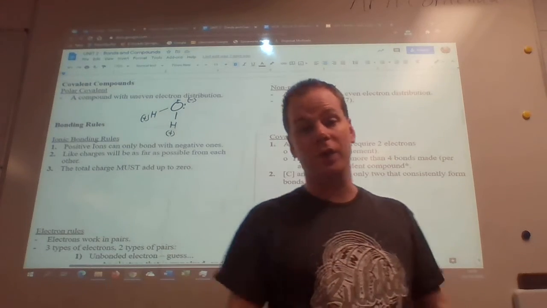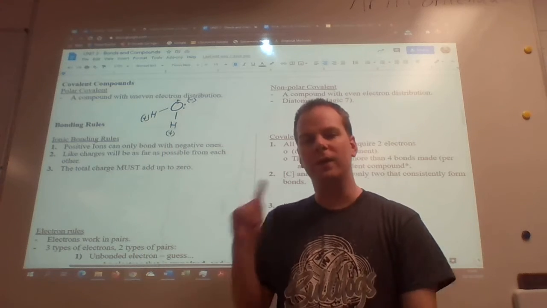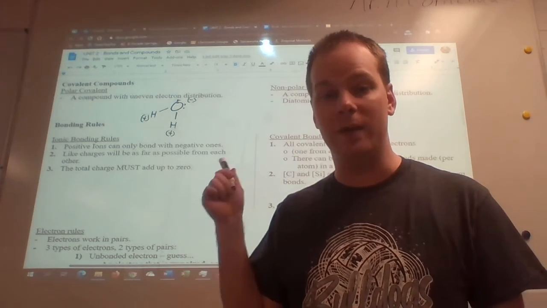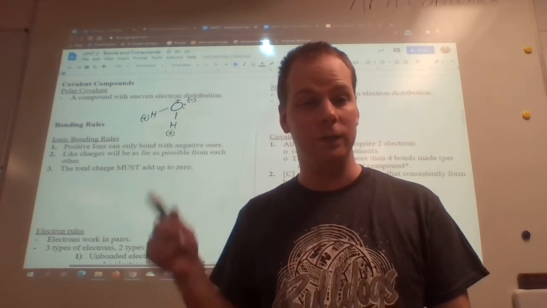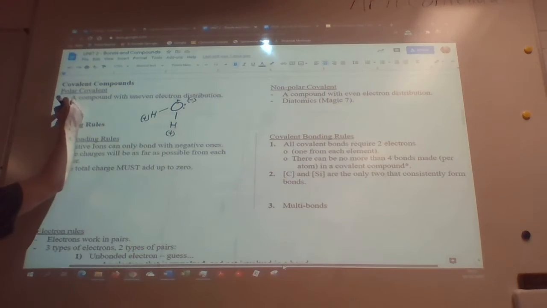We've talked about this before, but we haven't actually talked about why. This is a result of something called electronegativity, which I'm going to write up here, and I want you to add to your notes.